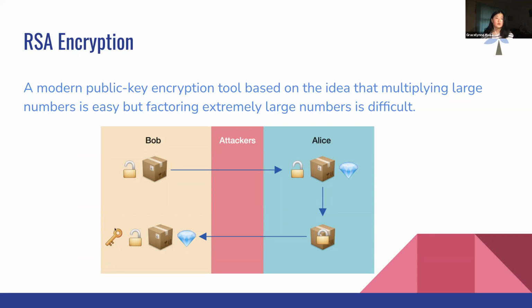And he's the only one who has this golden key to unlock the lock. And note that anyone can technically steal this lock and key for themselves, but if there's nothing valuable inside, then it's not really worth stealing. And that's how Alice can safely send Bob this diamond.